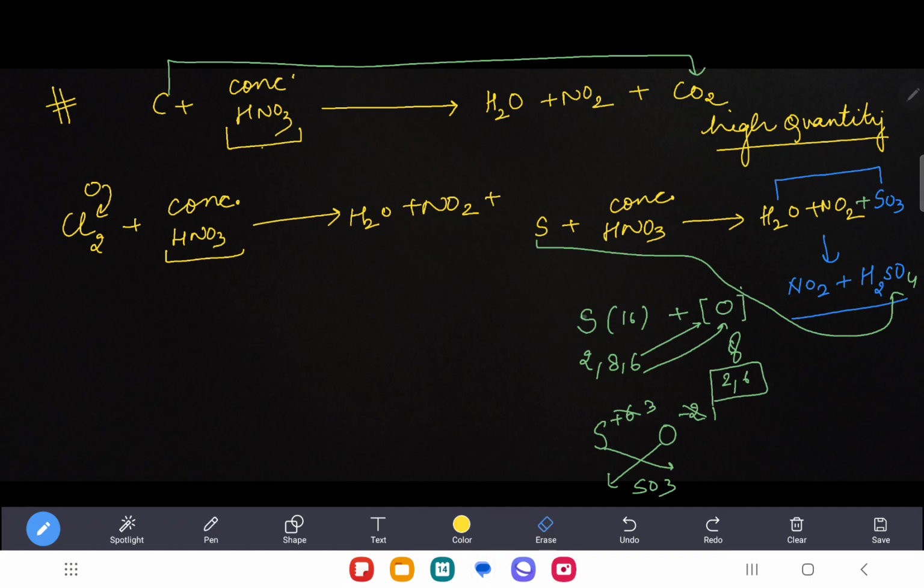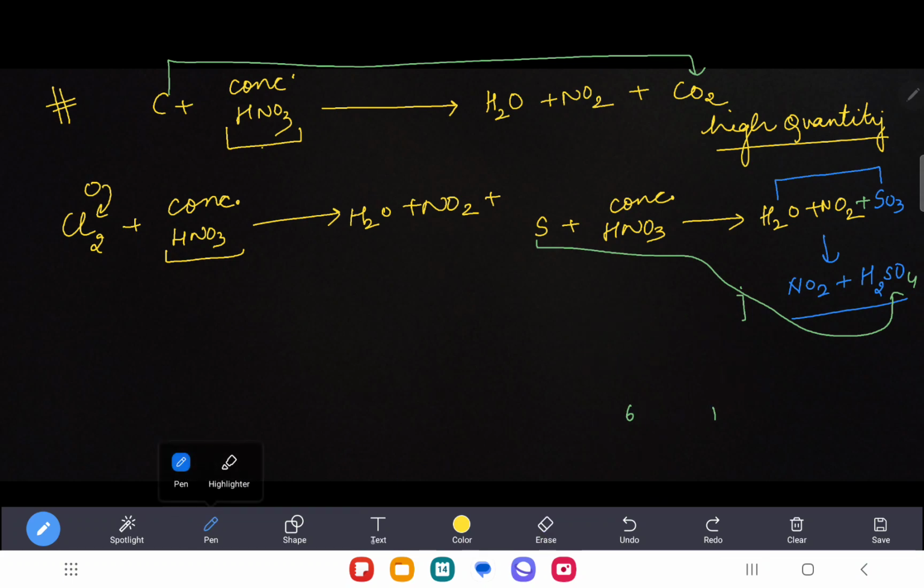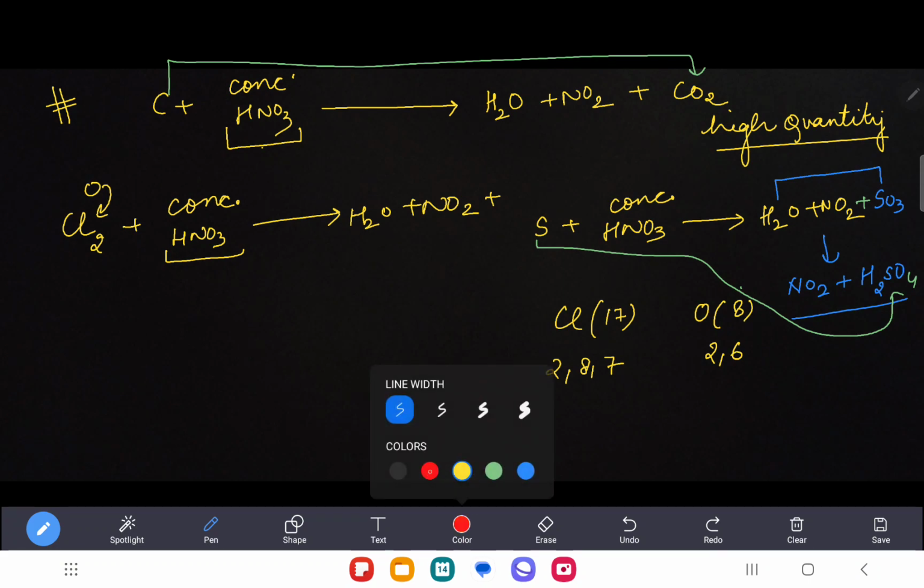And when it is going to combine with chlorine, then what is going to happen? You tell me. Chlorine is atomic number 17, configuration 2,8,7. Oxygen is atomic number 8, configuration 2,6. Oxygen wants to gain 2 electrons.